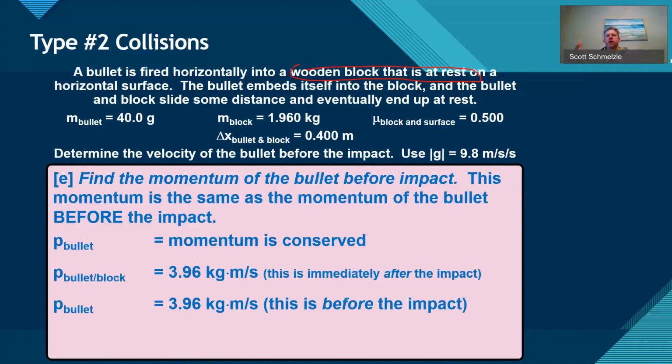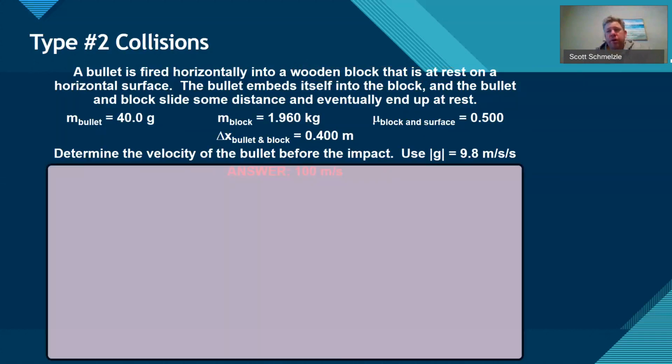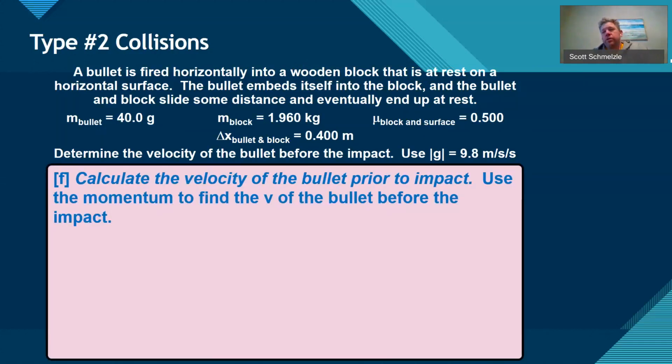So if we were to be looking at a timestamp of this, we'd see the bullet apart and then the bullet and the block, right? Just after the impact of it, as it starts to move it, we would see those two things are going to both be 3.96 kilogram meter per second. All right. So if we know the momentum now of the bullet, what we can do is we can calculate the velocity of it.